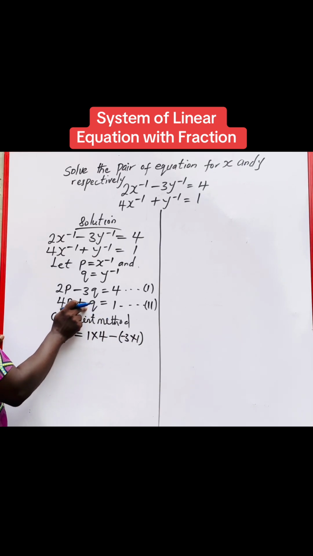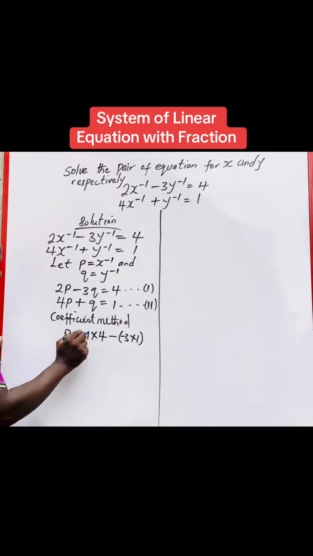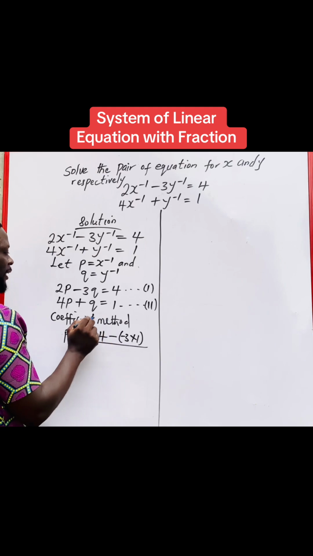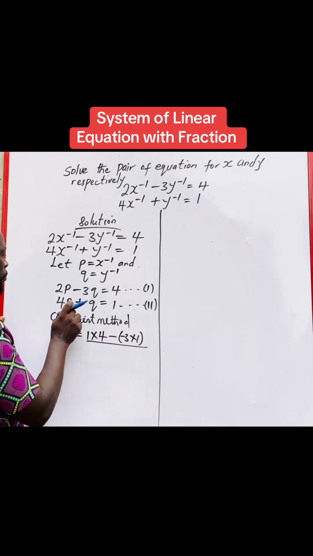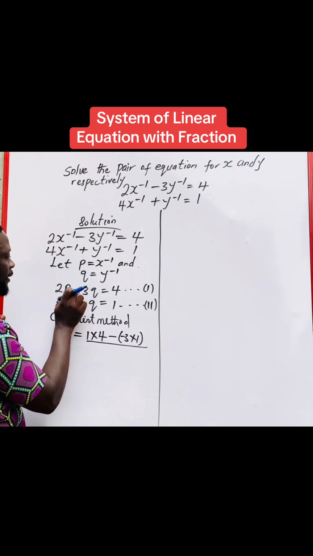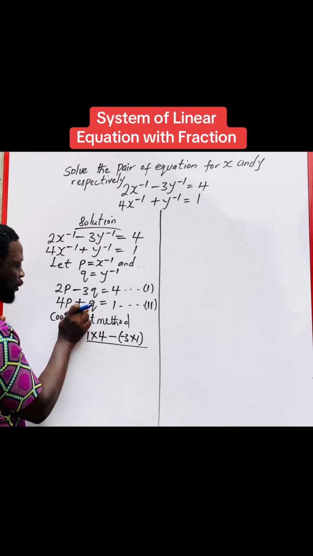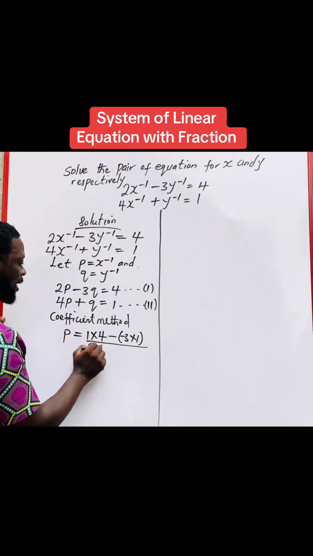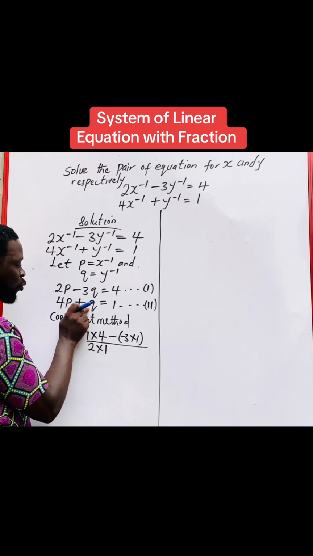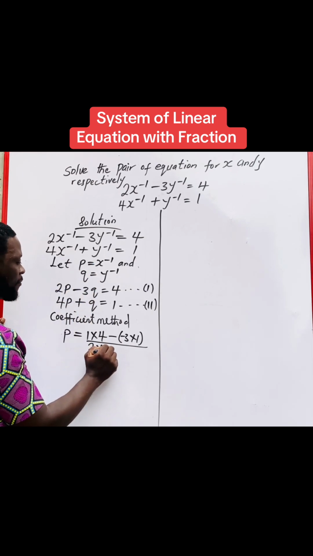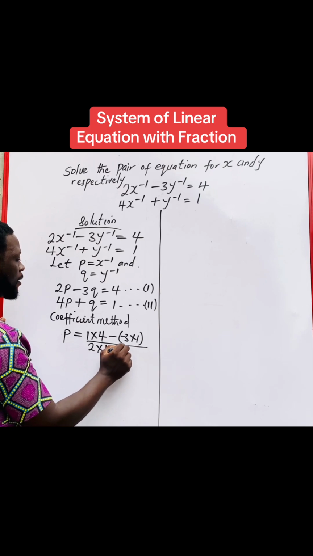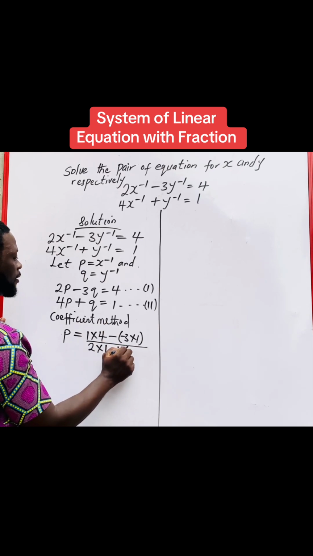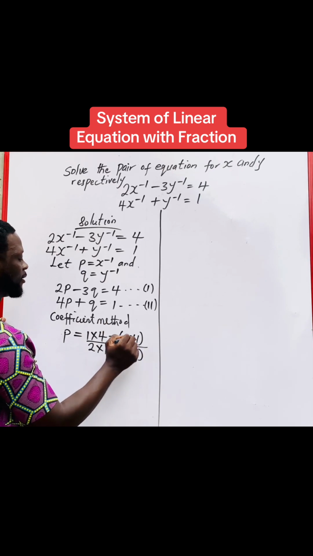So the coefficient of this times this, the coefficient of this times this, for the numerator. Then the denominator is going to be the coefficient of this times the coefficient of this. So you have 2 times 1, the coefficient here is 1, then minus 4 times minus 3. All right.